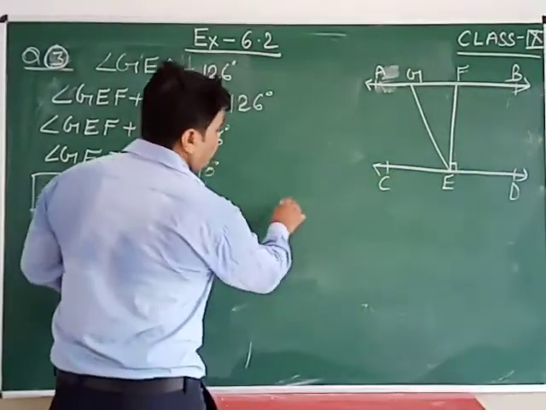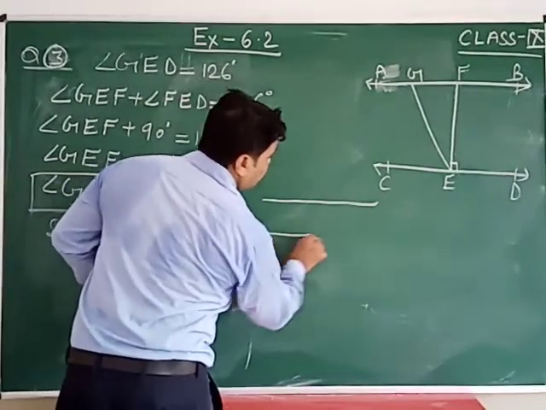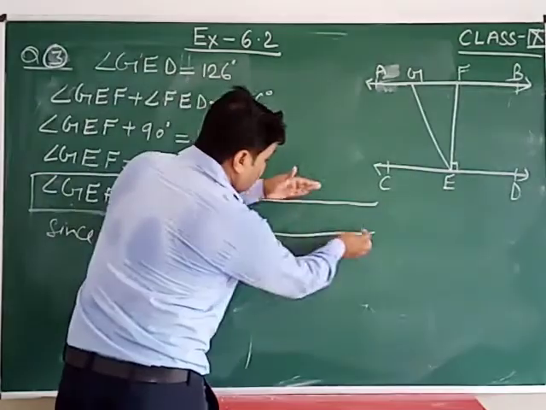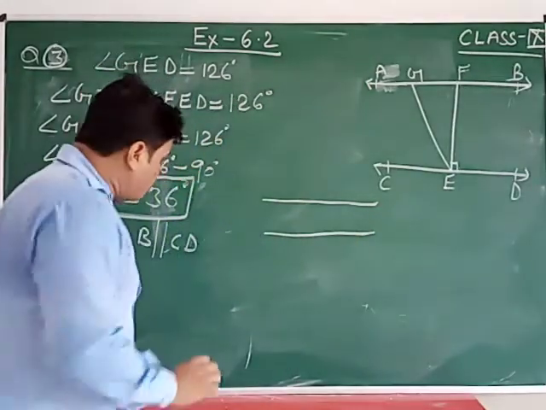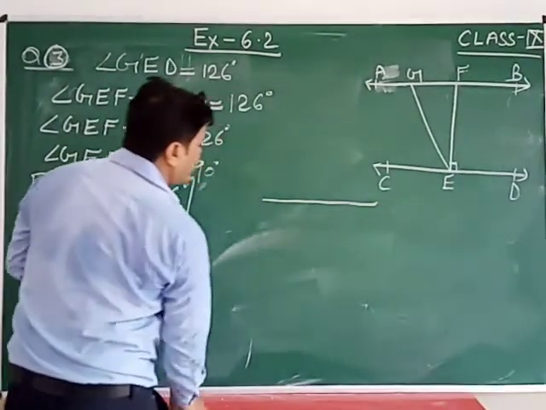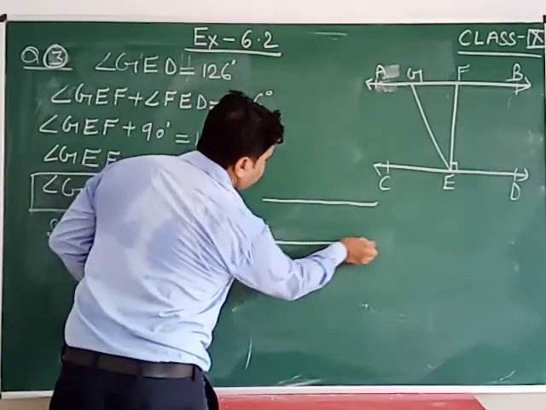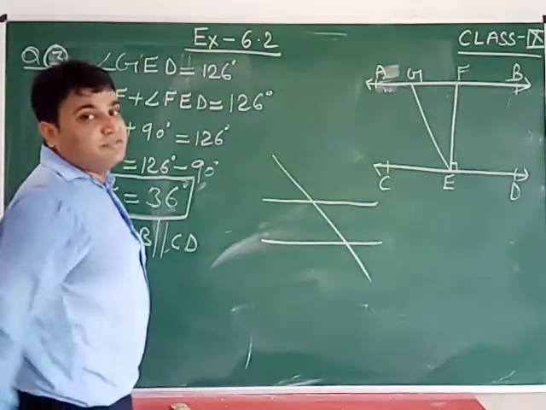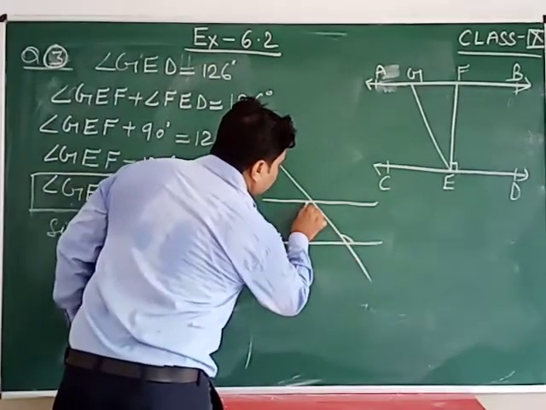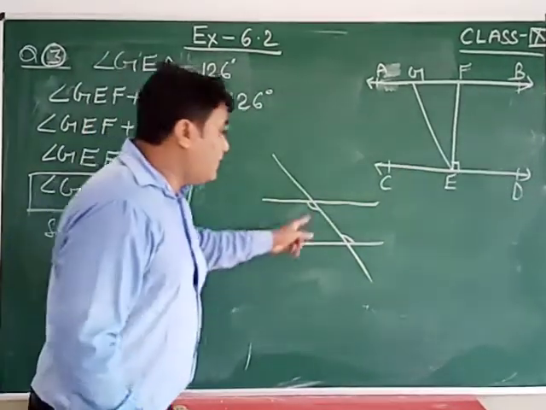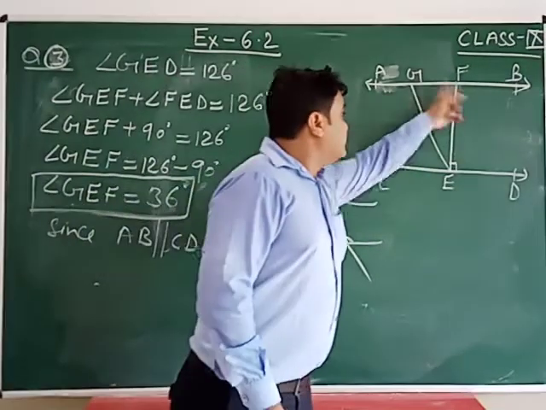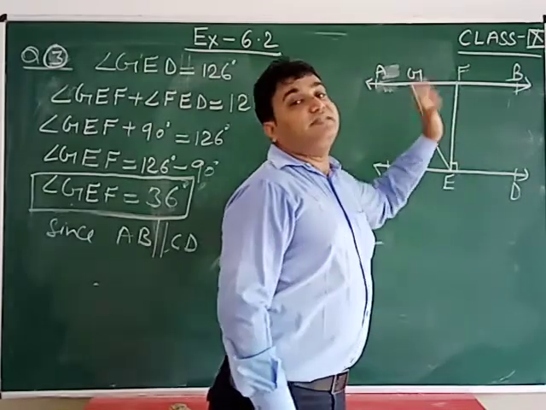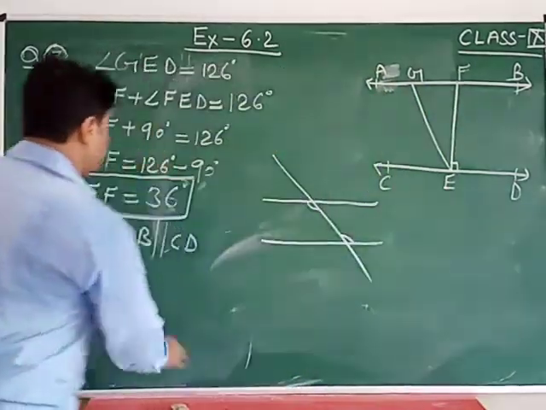I explained in the previous video, the first video about angles, that if two lines are parallel and a transversal line intersects them, then this angle equals this angle because they are alternate angles.